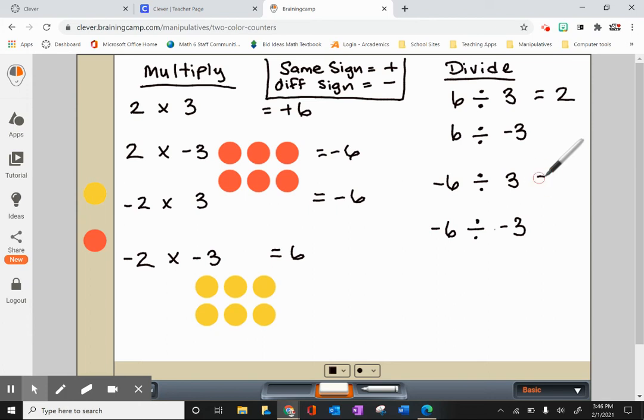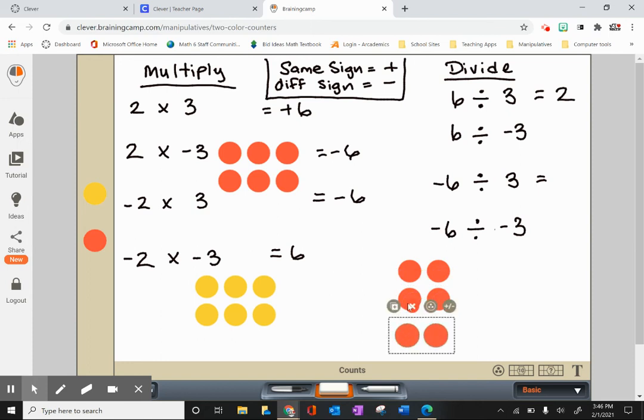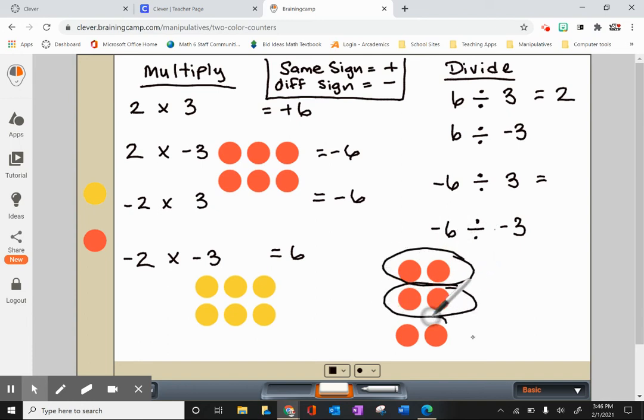I'm going to go down to this third one here. So let's say I had -6 as counters, -6, and I want to divide it into 3 groups. There is -6, and one group would be 2 of those counters, 2 groups, and 3 groups. So I divided it into 3 groups.